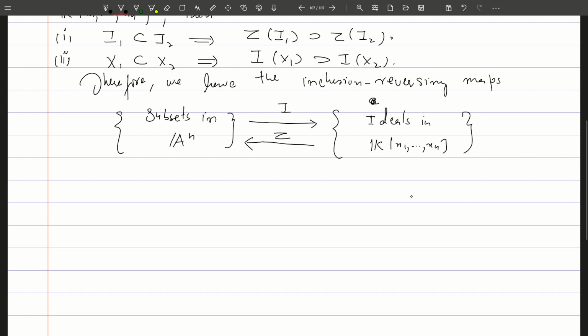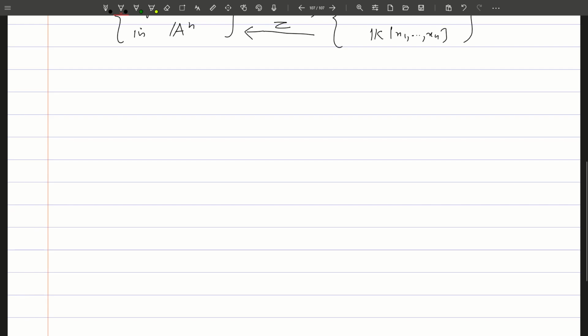So actually they are algebraic sets in the affine space. So now our motive is to understand to what extent these two maps are inverses of each other. So this is our main motive in this lecture.